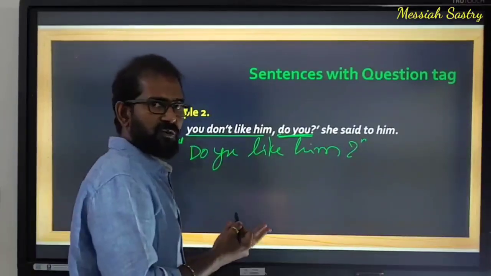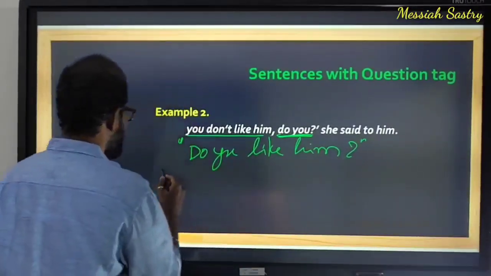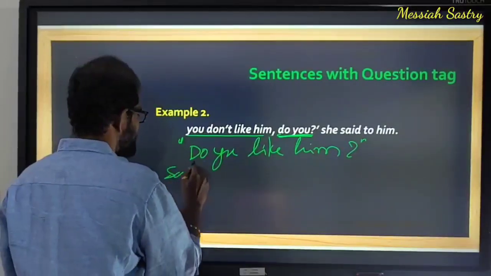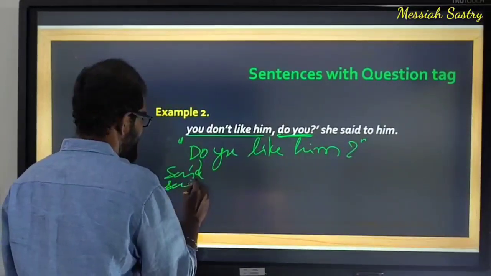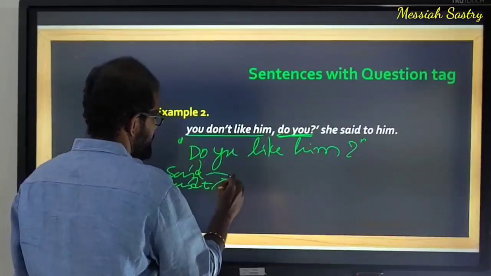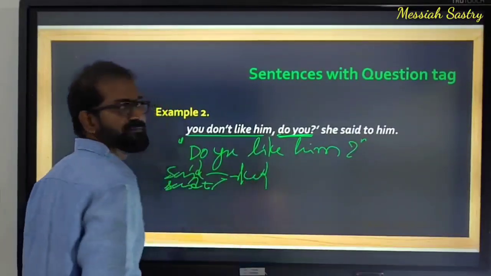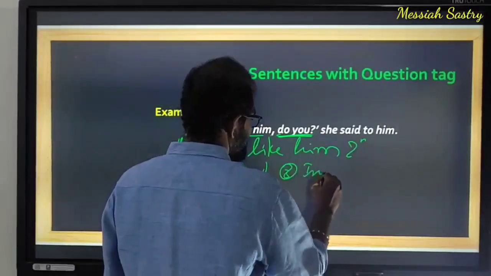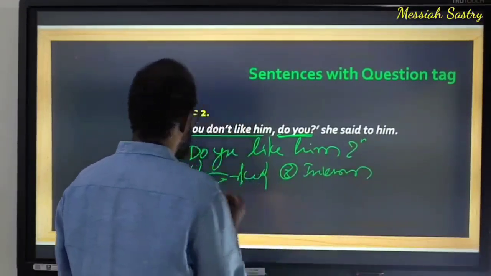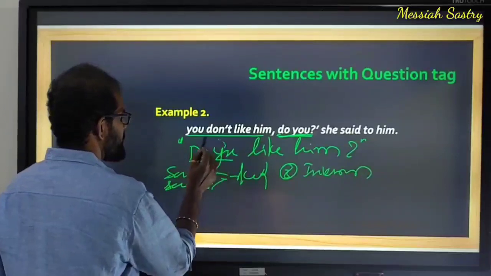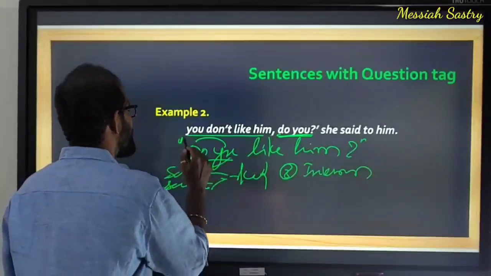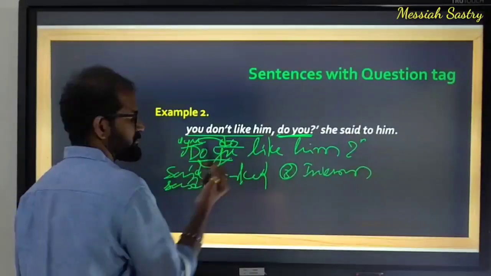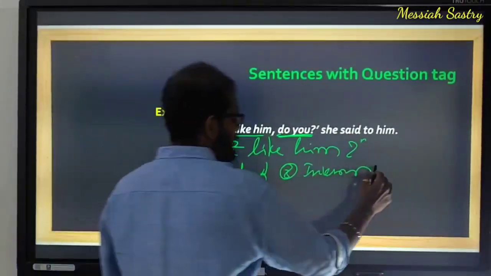Let's follow the rules of closed interrogative. First, said or said to changes to asked. Third point, inversion. You and do change places.